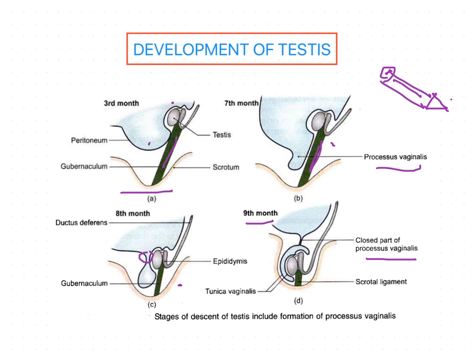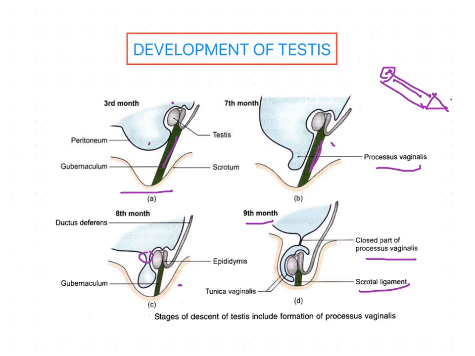So the remaining part of the gubernaculum after the descent of the testis is known as the scrotal ligament or ligament of the scrotum. And another factor which helps in the descent of the testis is the intra-abdominal temperature as well as the intra-abdominal pressure. So these two things have some effect which helps in the descent of the testis.